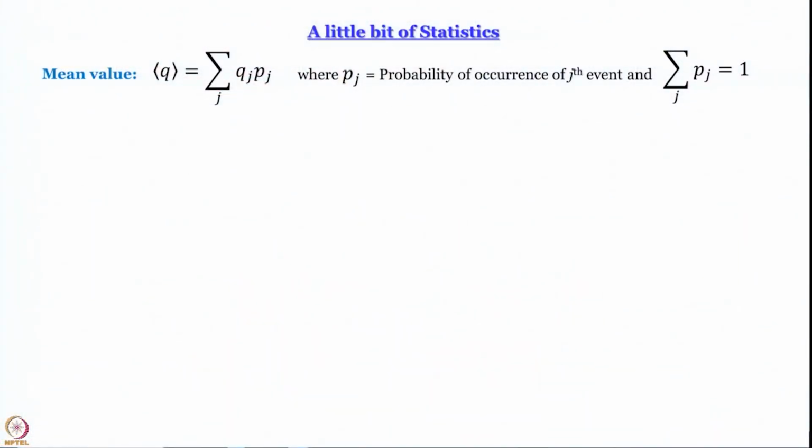It is basically the same thing that we have written here. Pj then is the probability of occurrence of the jth event, and needless to say, sum over j pj has to be equal to 1, total probability must be equal to 1, okay, and it follows quite easily. You keep on adding all the probabilities, you are going to get sum over j nj divided by sum over j nj, which is equal to 1.